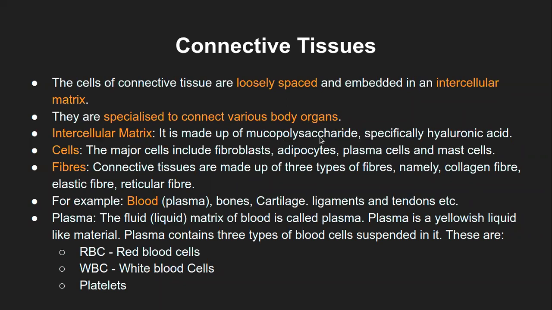Mucopolysaccharide is again a type of polysaccharide. They are just kind of polymeric in nature, a little bigger compound attached with some carbohydrate like polysaccharides. So this combination is mucopolysaccharide.